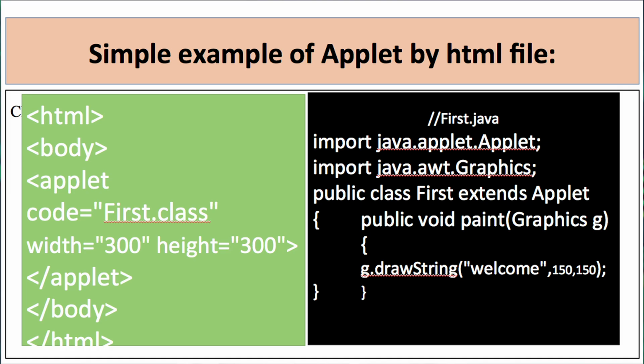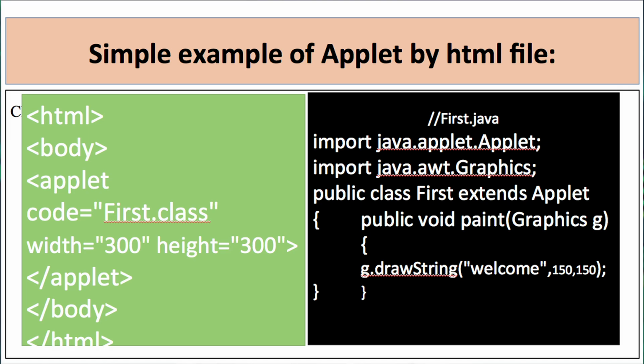Now this file first.java will be compiled and converted into first.class, and this first.class will be used in the HTML file. On the left-hand side of this screen you can see html, body, applet code equals first.class, not first.java. So we are using the .class file of the right-side program, and its width is 300, height is 300, then closing applet, body, html tags.